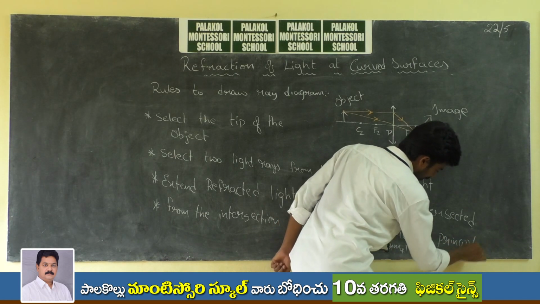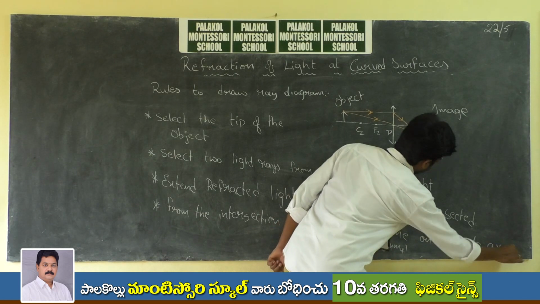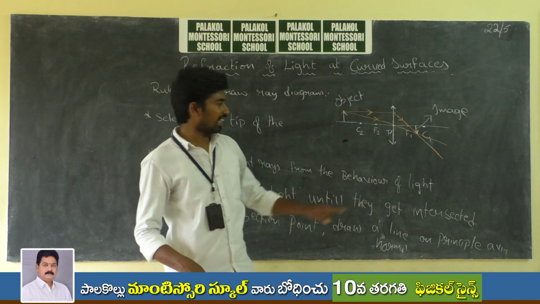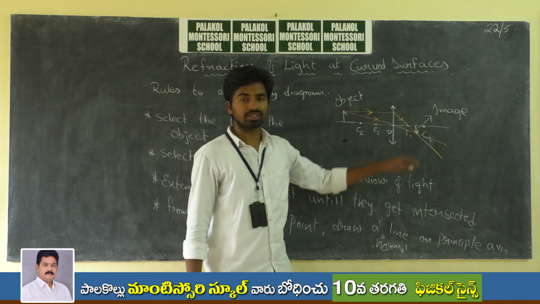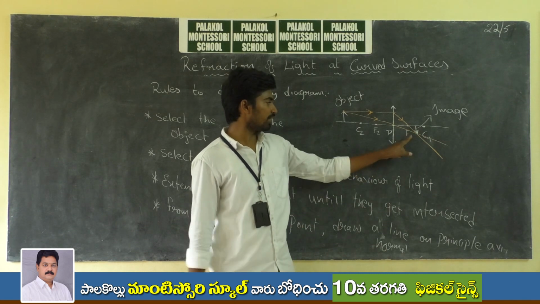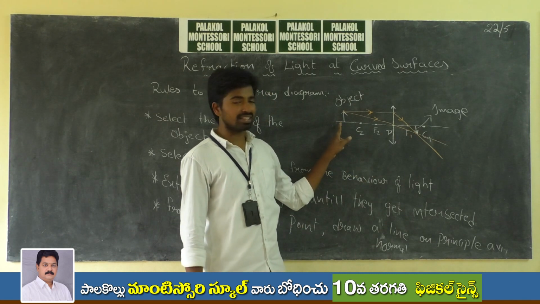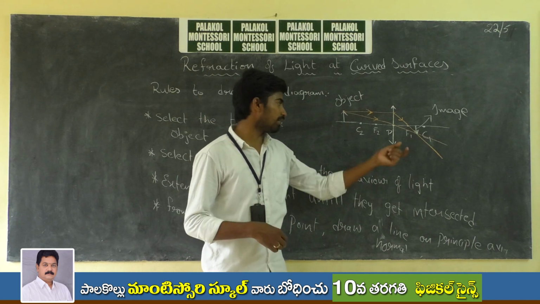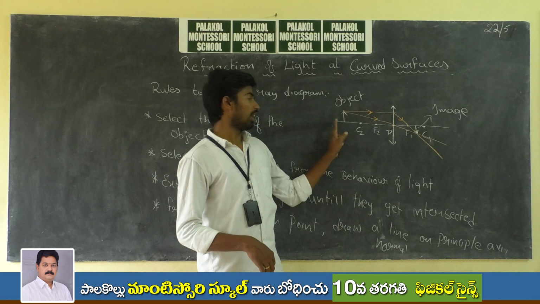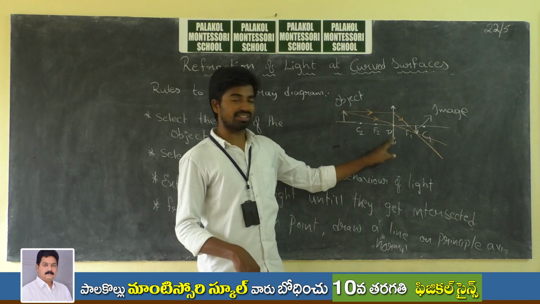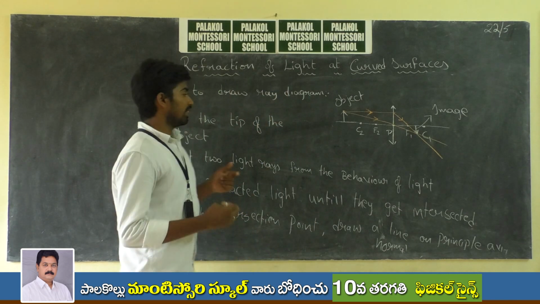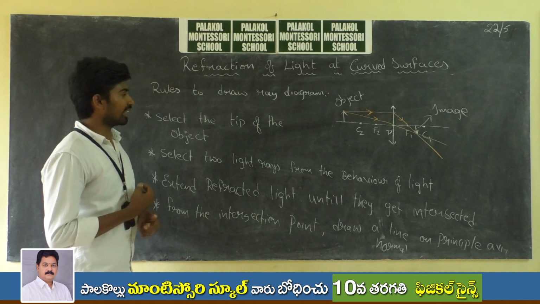That line represents the image of the object. If you observe here, the length of the image is smaller than the length of the object. So the length of the image depends on the distance of the object from the lens. So these are the rules to draw the ray diagram.